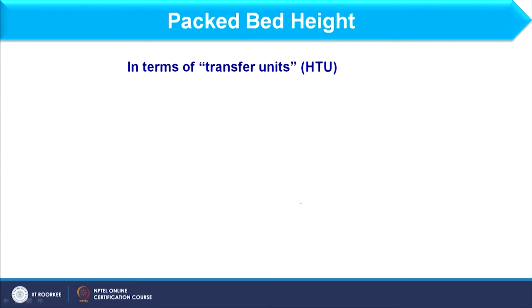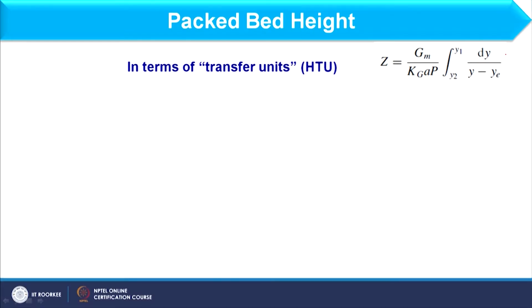So, let us start the calculation of bed height, and here we will focus on calculation of bed height based on transfer units that we consider as HTU. Okay. So, here you see we have this expression which we have discussed previously also, and this equation we can represent in terms of transfer units as Z is equal to HOG times NOG.